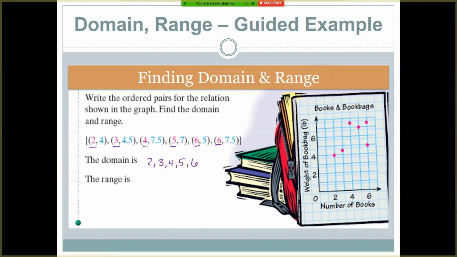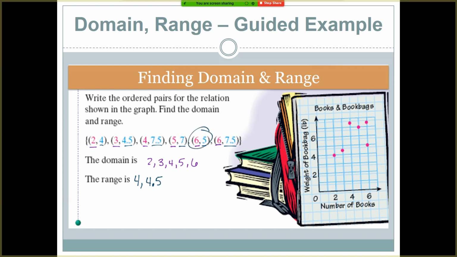And then for my values of my range, your range is all of your y values. On my screen, they're in blue. One thing I will point out, when we write the values for domain and range, we normally write them in numerical order. So we always start with the smallest one first. So 4, then 4.5.